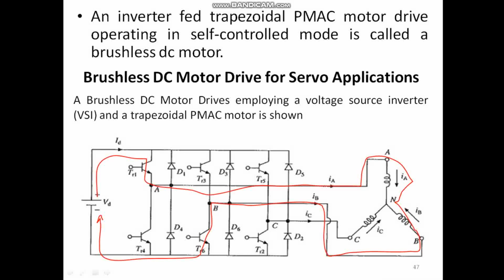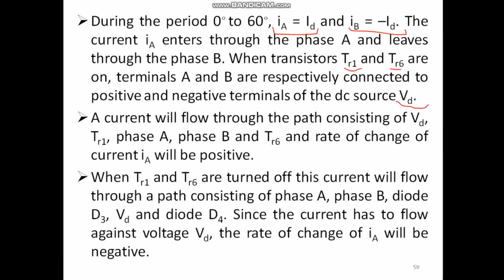So your rate of change of current IA will be positive. That is what is written here.